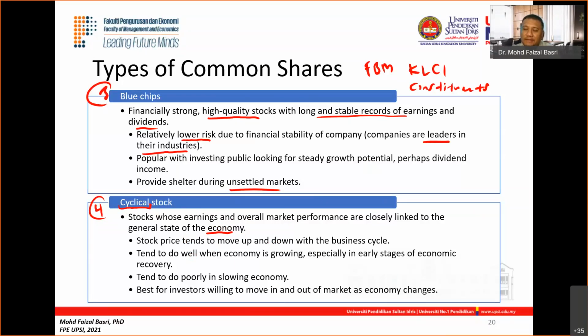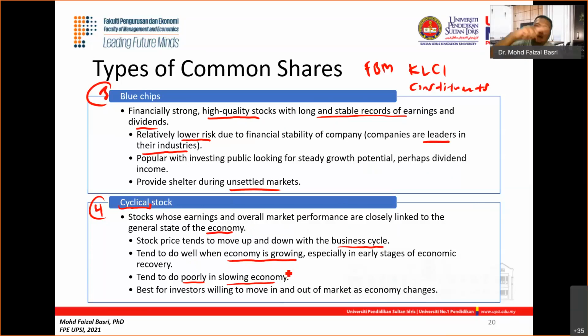But if the economy is badly hit by something, like now, for example, during the pandemic, the companies will be affected. Okay, so the price will go up and down according to the business cycle and also the economy cycle. They tend to do well when the economy is growing, but they will do poorly during a slow economy.